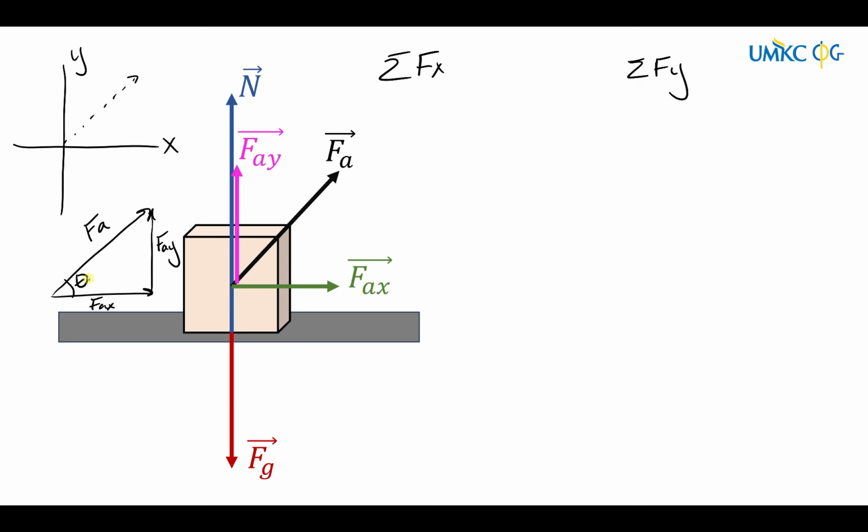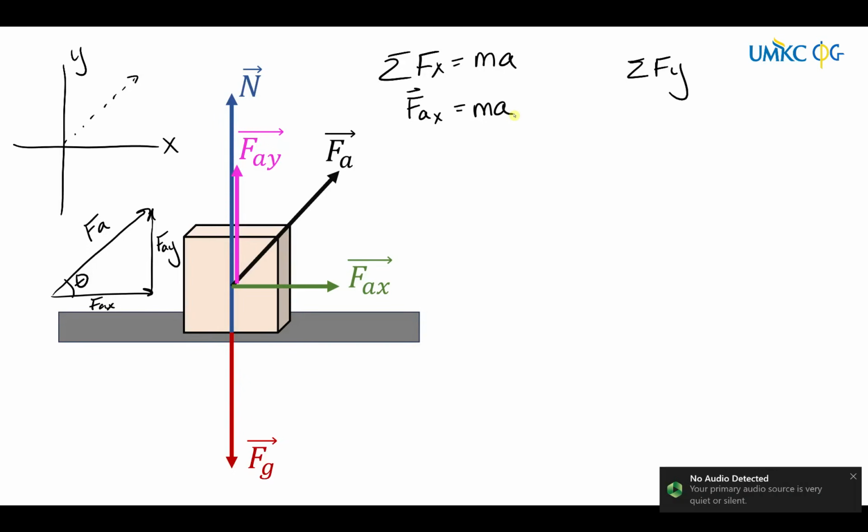Once I have these, I can start to create my summation of forces. What forces do I have in the x direction? Let's put mass times acceleration. I only have one force in the x direction, and that is the x component of this applied force, equal to mass times acceleration. In this setup, because I have a frictionless surface, this object would have some motion in the x direction.